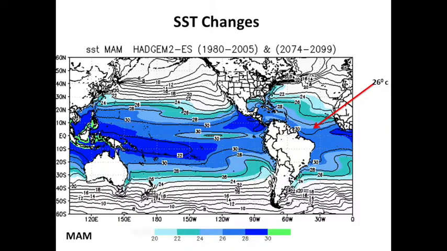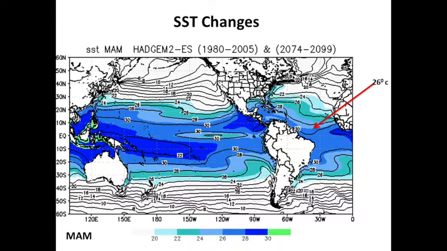And what about the SST changes? Here I got only one season, March, April, May, to show. The shadings, the colors, are this period of 1980 to 2005, and the contours are the future period.